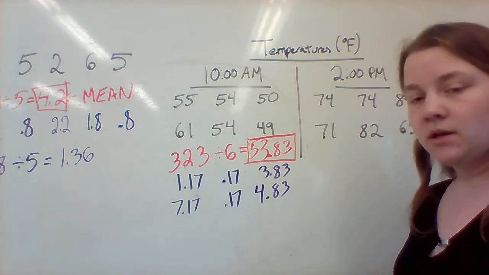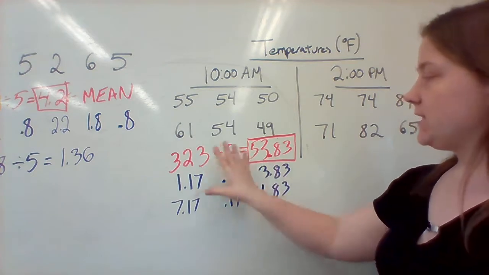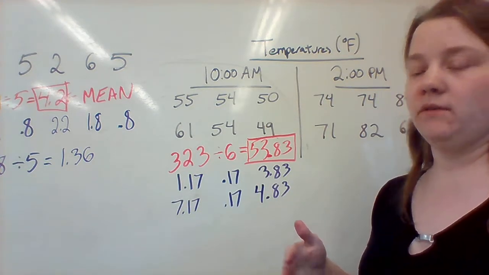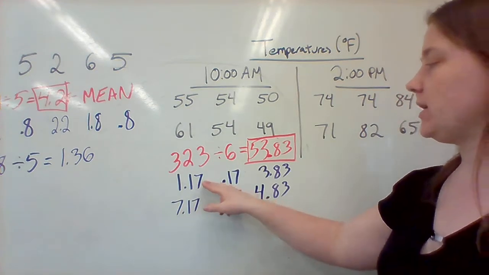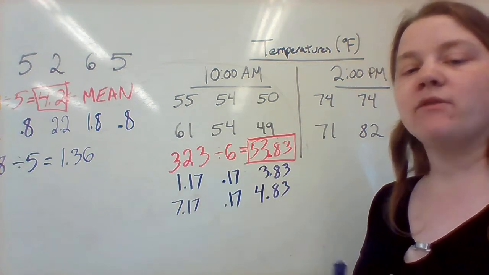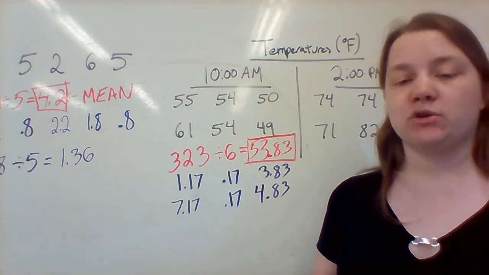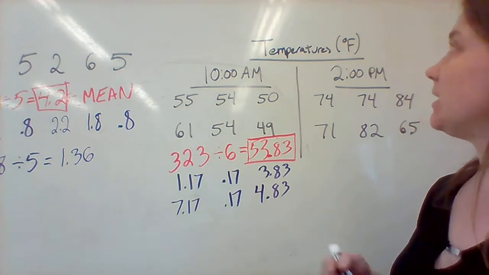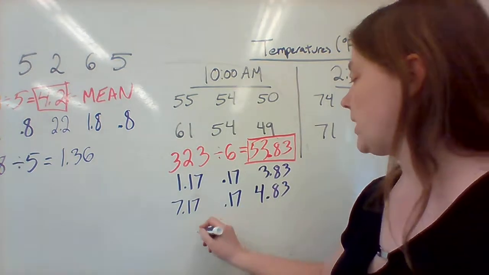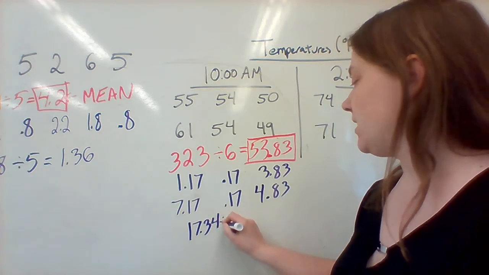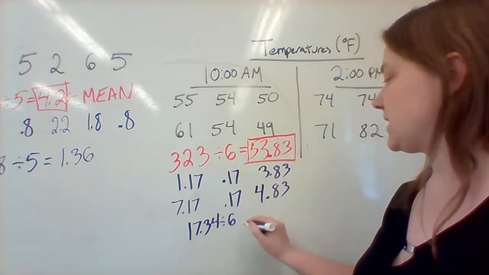4.83. So now we have all of these numbers, and now we need to find the mean of all of these numbers. So I'm going to add up these 6 numbers to see how far these numbers stray from the mean. When I add up these 6 numbers, I'm going to get 17.34. And I'm going to divide that number by 6 because there are 6 of them.